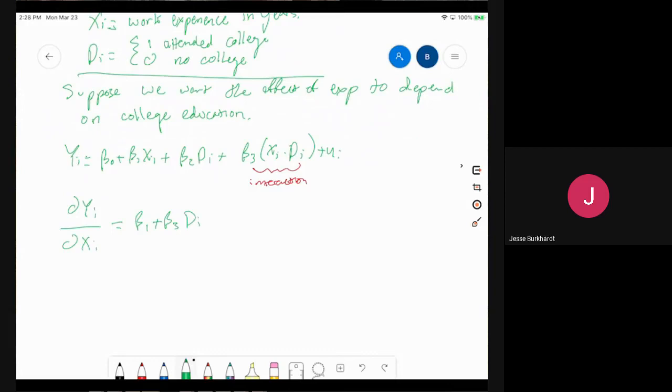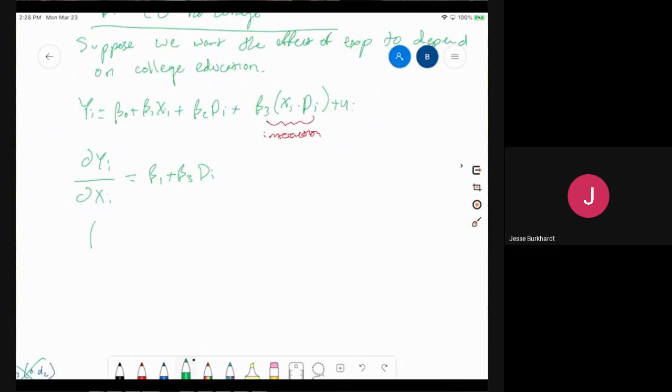Okay, so there are two different cases here: the case for college grads and non-college grads. Beta 2 is the difference in intercepts.